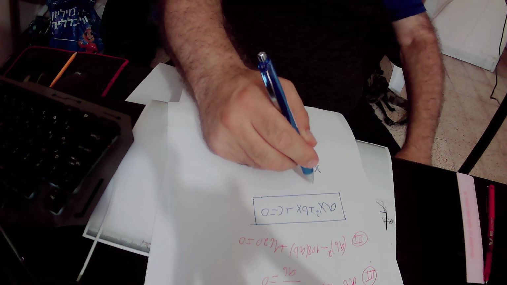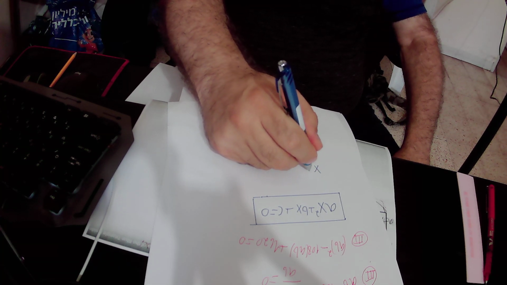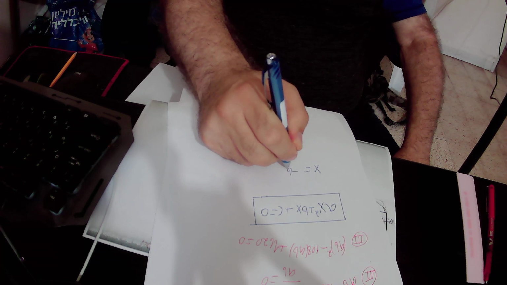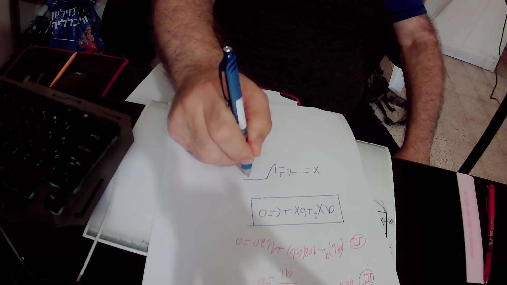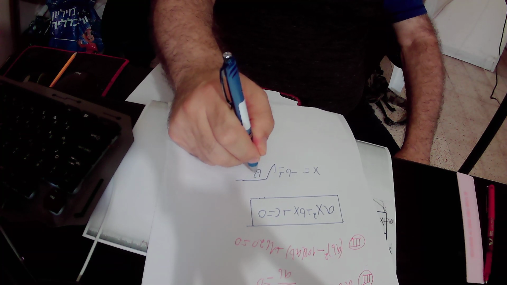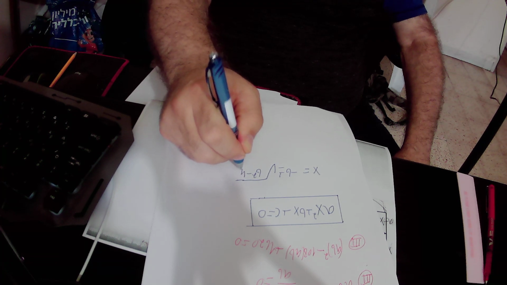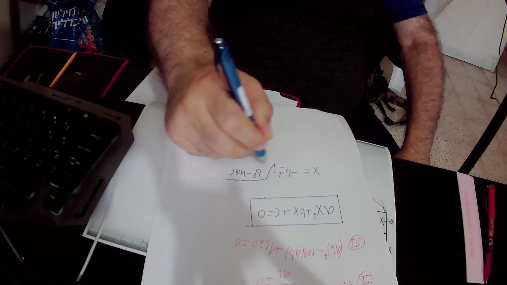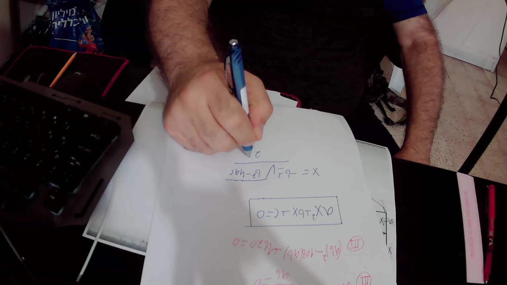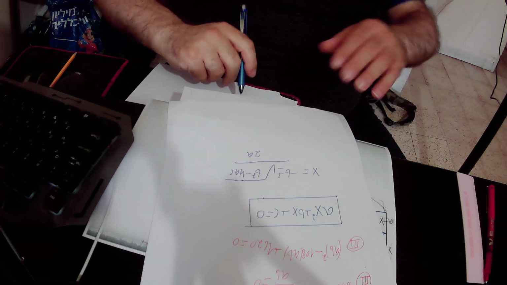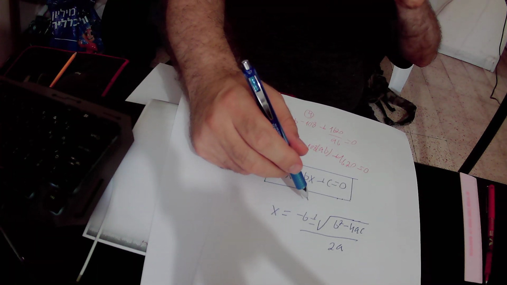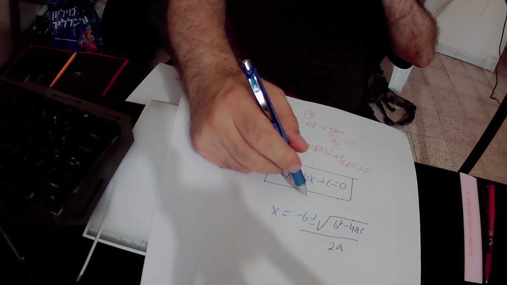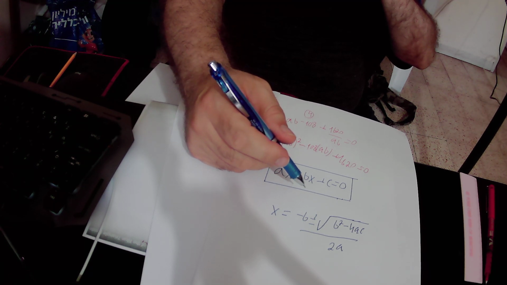X is the variable. x equals minus b plus minus the root of b squared minus 4ac, all divided by 2a. So because we have plus minus here, we will have two solutions.